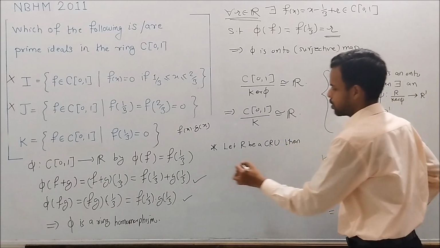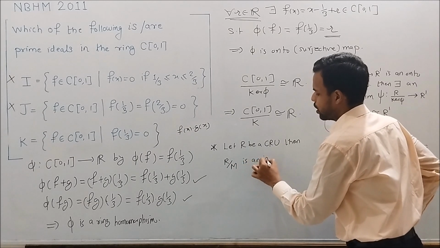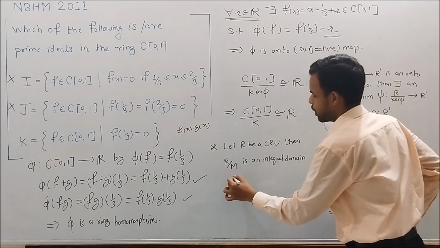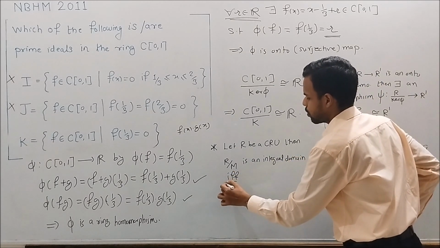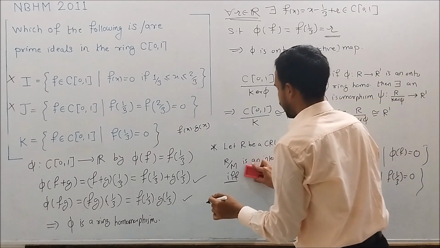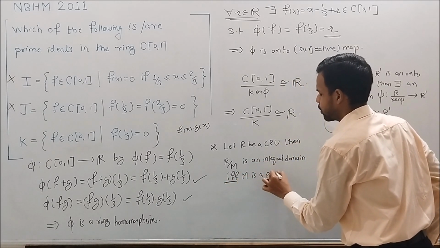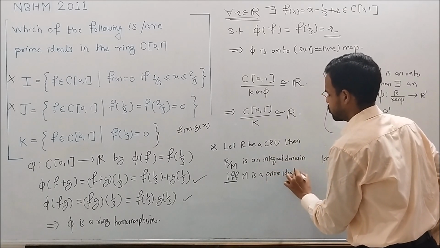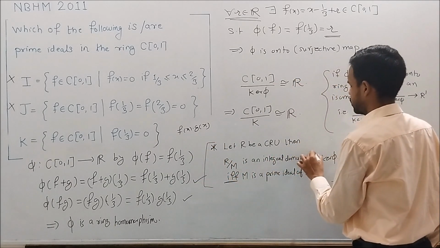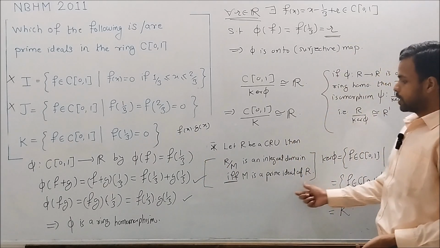Then R by M is an integral domain if and only if M is a prime ideal of R. Okay, we will use this result.